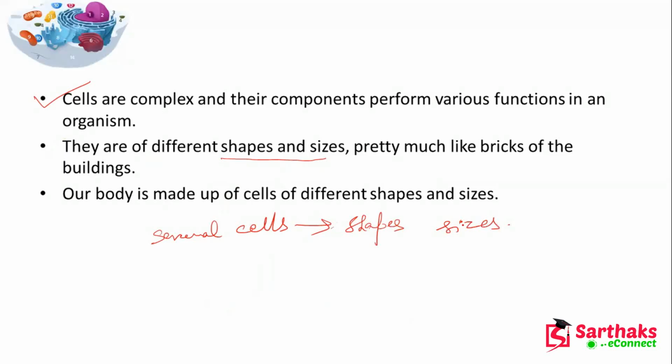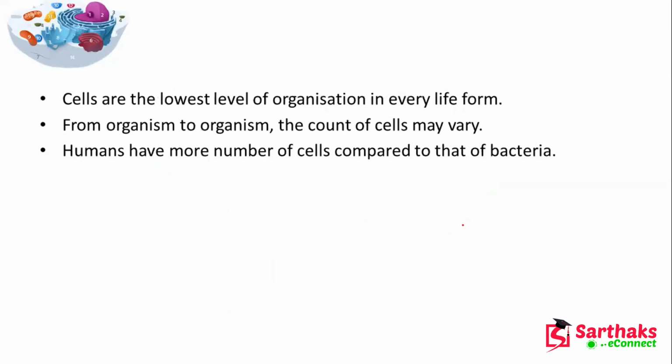Now, cells are the lowest level of organization in every life form, and from organism to organism the count of cells may vary. If I am calling it unicellular, that means it is a very small or tiny organism. But if it is multicellular, it depends on the different human beings, animals, or plants.